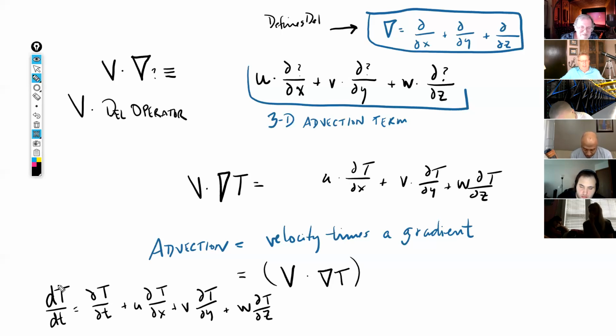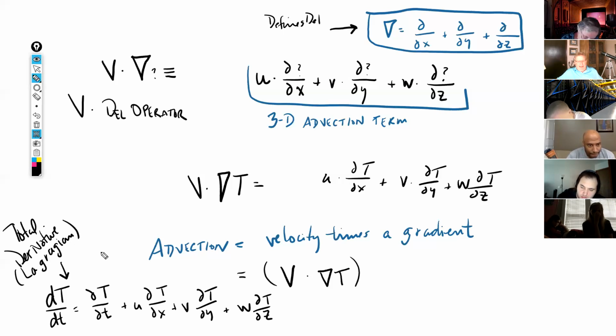That is the definition of this thing called the total derivative. So this is a total derivative, which is Lagrangian. That is the local derivative, which we were right in saying before.